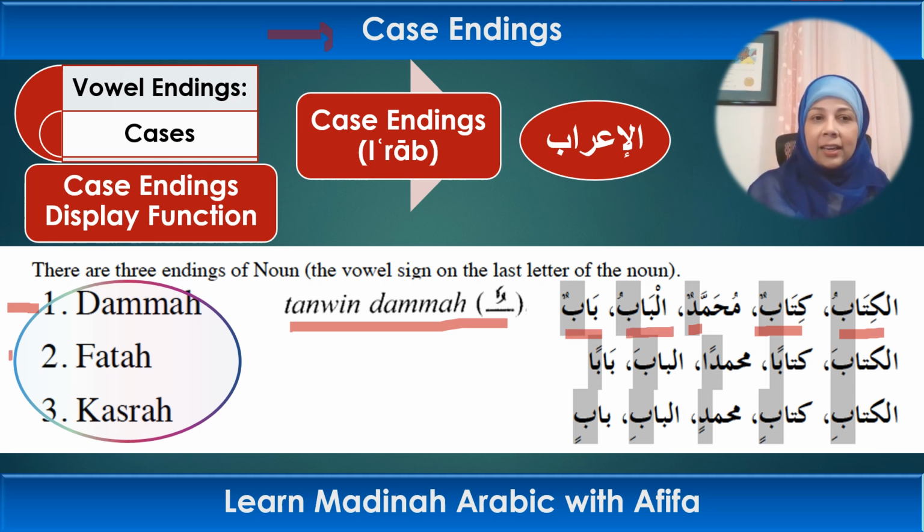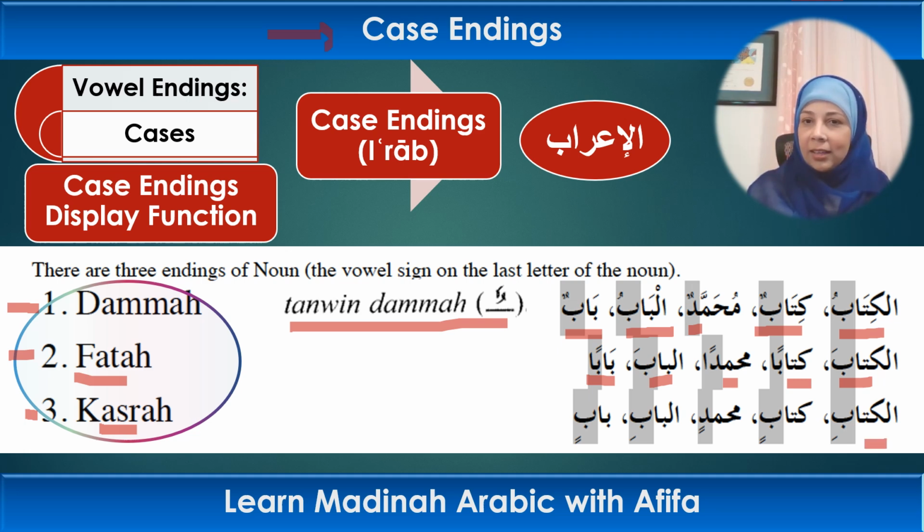In the second line, they all end with a Fatha. Al-Kitaba, Kitaban, it is Tanween Fatha, and so on. Muhammadan, Al-Baba and Baban. They all end with a Fatha. And on this last line, the case endings are with the Kasra.